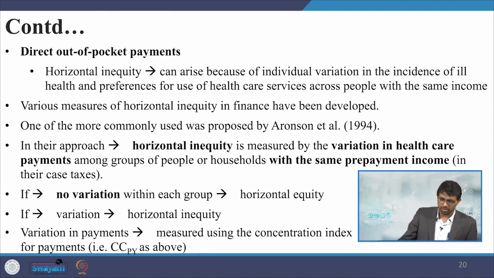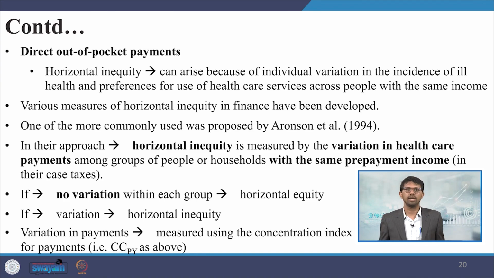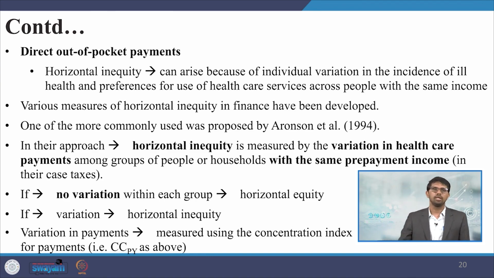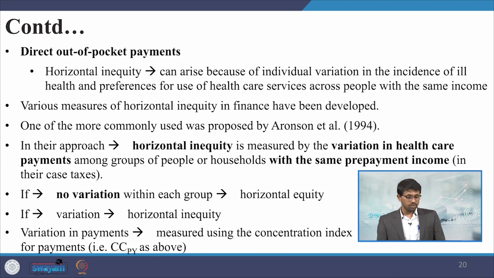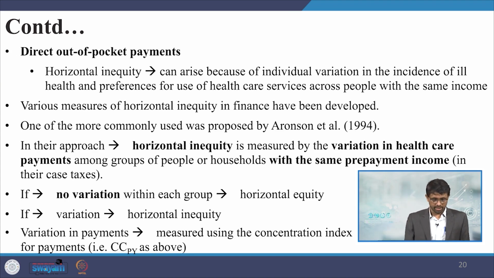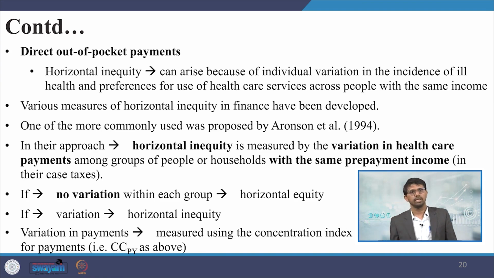Various measures of horizontal inequity in finance have been developed. In this approach, horizontal inequity is measured by variation in healthcare payments among groups of people or households with the same prepayment income. If there is no variation within each group, then there is horizontal equity, and if there is variation, then of course it is considered horizontal inequity.